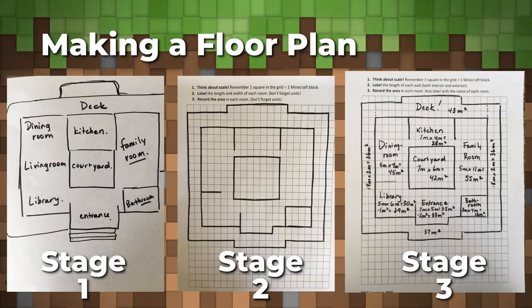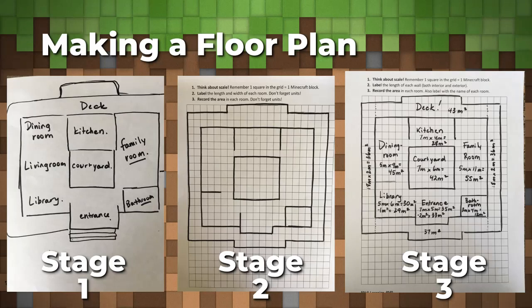If you have access to a printer, you can print one out. If you do not, and you don't have any graph paper at all, that's okay too. You'll want to get yourself a centimeter ruler, and every centimeter is going to equal a meter, basically, in Minecraft. And you can just map out all of your lines and your measurements that way if you don't have graph paper.